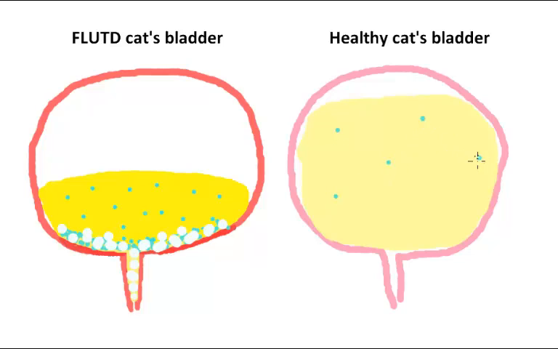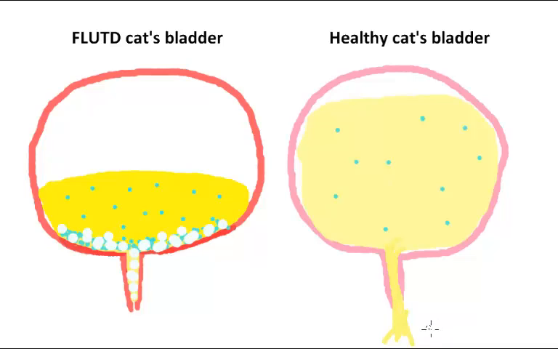And when these minerals get spread out, they're less likely to congregate around each other and form the stones. Also, because there's so much urine being produced, it gets emptied frequently, so there's less time for it to settle and make the sediment on the bottom and irritate the bladder wall.